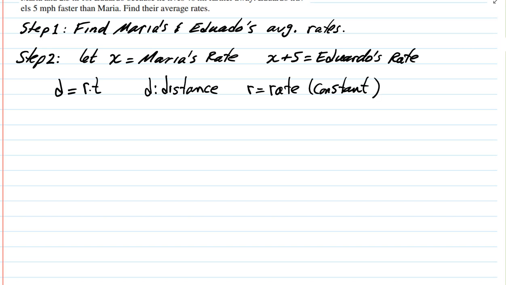The reason they say average rate is because part of the trip, maybe they go faster, another part they go slower. So on average, whatever they're doing is called the average rate. So that's going to even out the faster and slower pace of their trip. But the rate we assume is constant. And of course, t is time, which oftentimes in a motion problem is in hours.